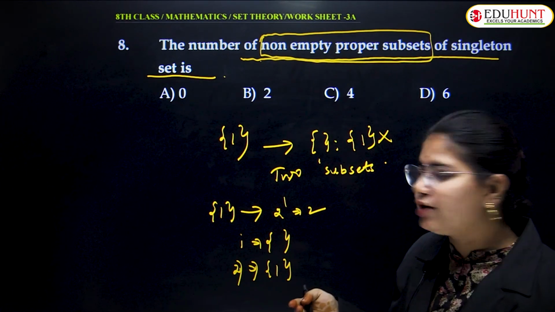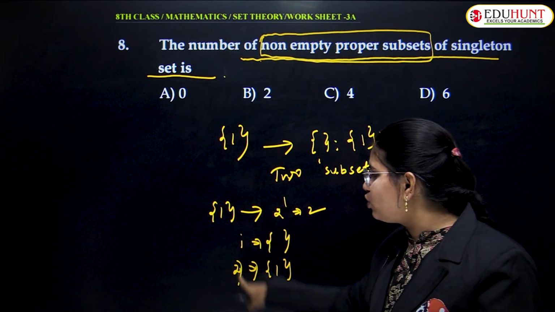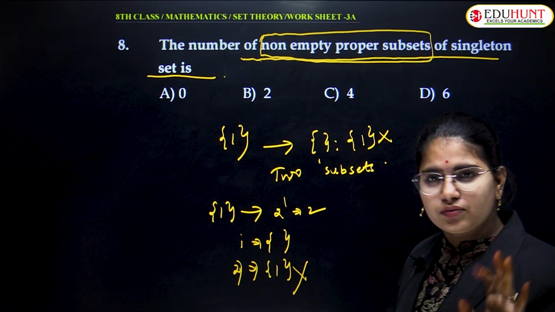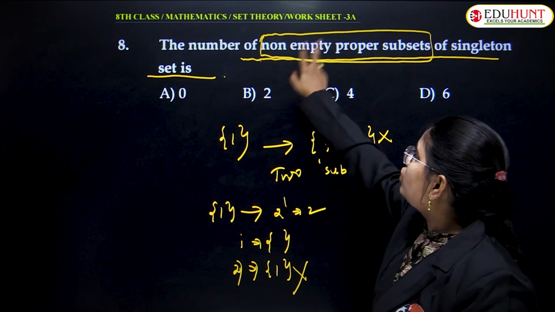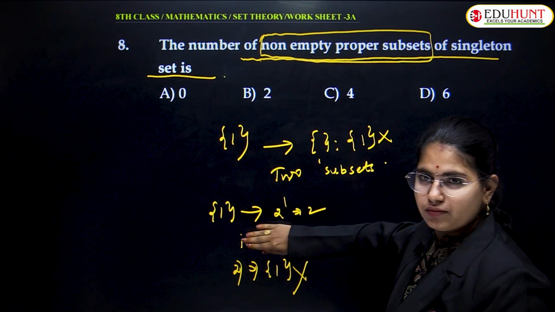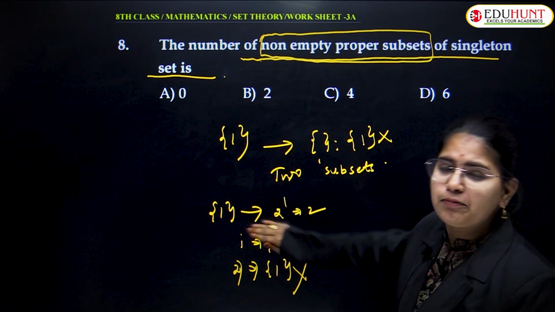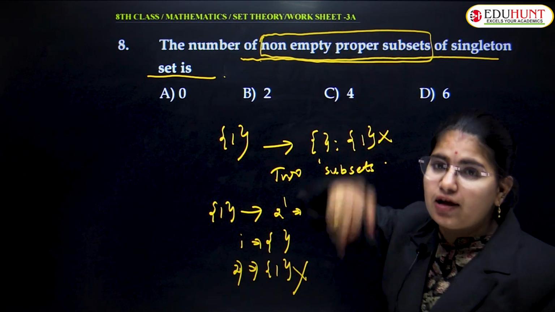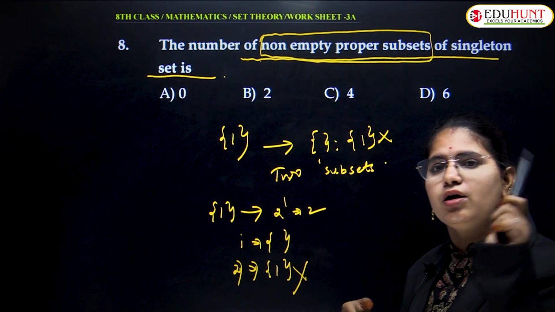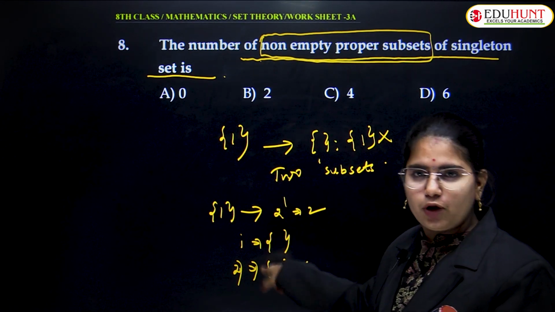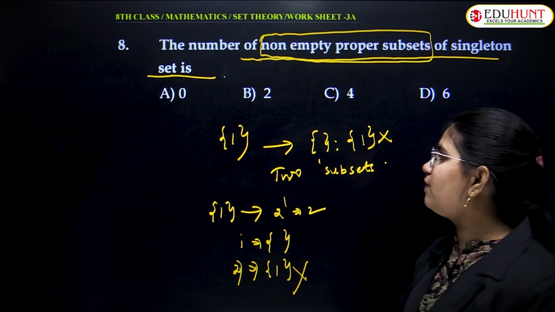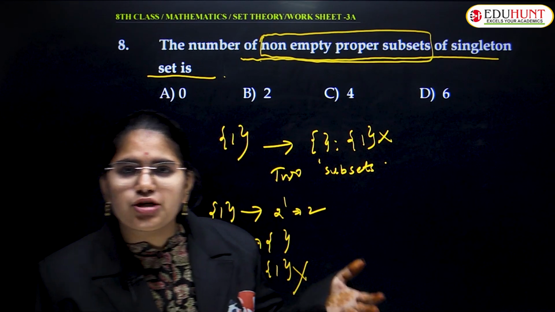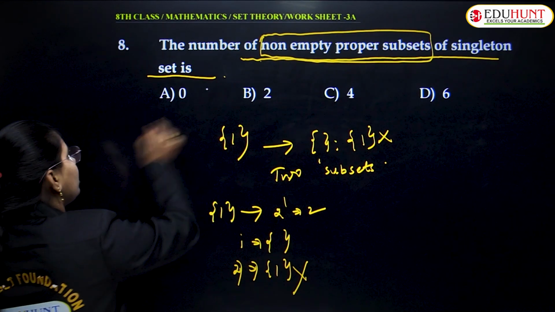For a proper subset, it should not be equal to the main set. So this will not be a proper subset, so that will be eliminated, correct? What else did they ask? They asked non-empty, but this is empty. Null set means empty subsets. If they had asked in the question for the number of empty proper subsets, in that case the answer will be 1, because you have one empty proper subset. But in the question they gave non-empty proper subset. Can you find any such non-empty proper subsets? No. So in that case what will be the answer? 0.